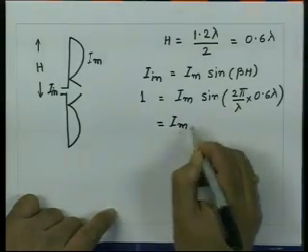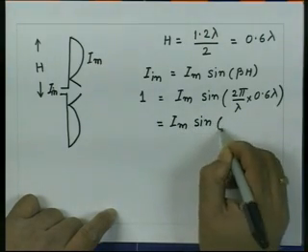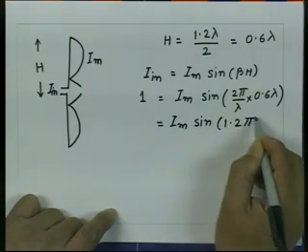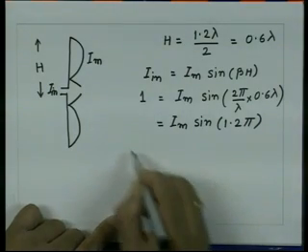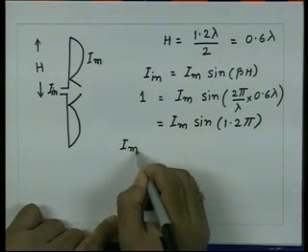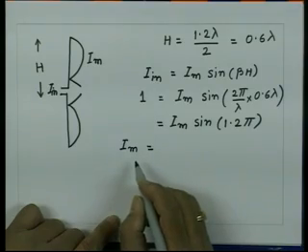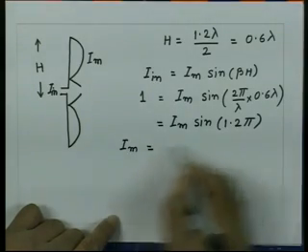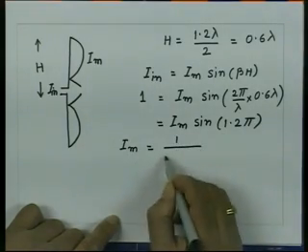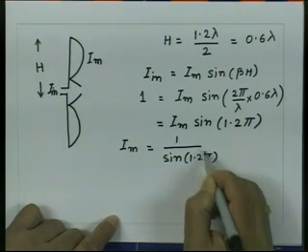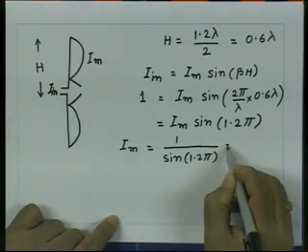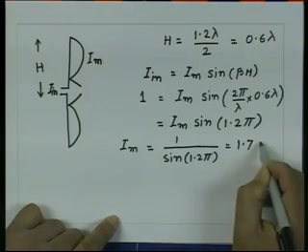So you get Im sine of 1.2 pi equal to 1, and I maximum will be equal to 1 upon sine of 1.2 pi, which is equal to 1.7 amperes.